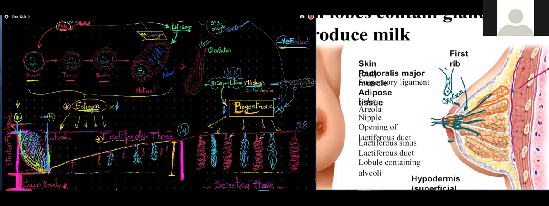All right, so again, the structure of the breast, we've got here, those are the mammary glands, and the mammary glands are going to be arranged into lobules. Those lobules are embedded within adipose connective tissue. Each of them gonna have a lactiferous duct, and those lactiferous ducts will be connected to sinuses, lactiferous sinuses.